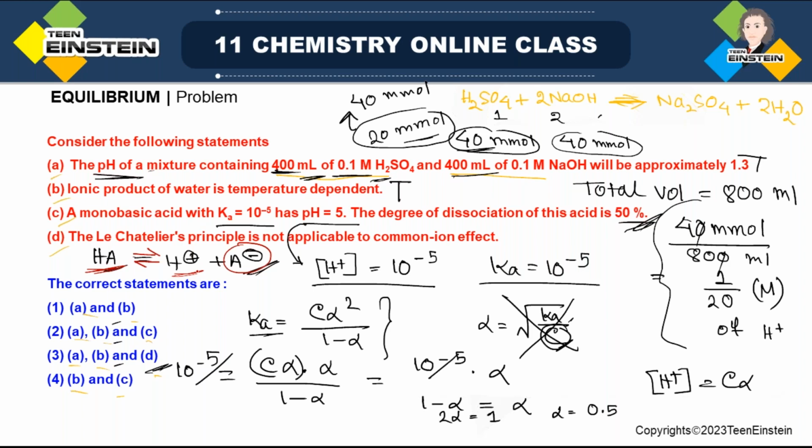This is because of Le-Chatelier, and we cannot say that it is not applicable to the common ion effect. Because of this common ion effect the dissociation is becoming less, and that is because of Le-Chatelier principle. So we cannot say that it is not applicable. This is false. So D is not correct. A, B, C correct. Option 2 is the correct option. Fine.